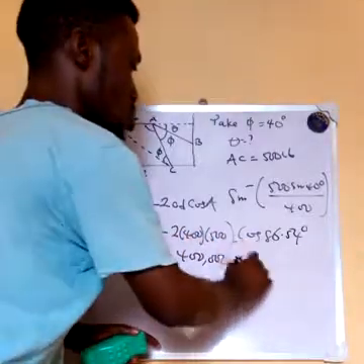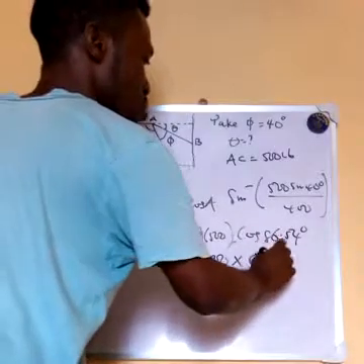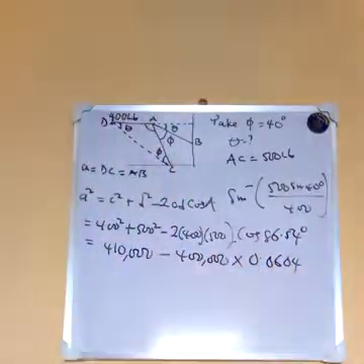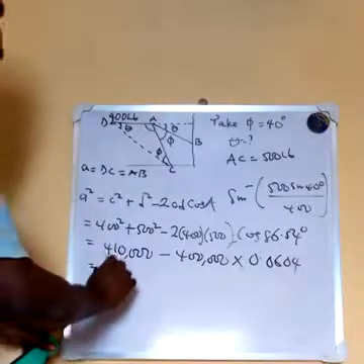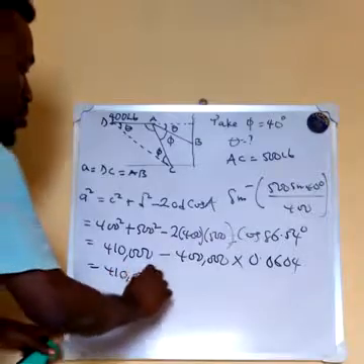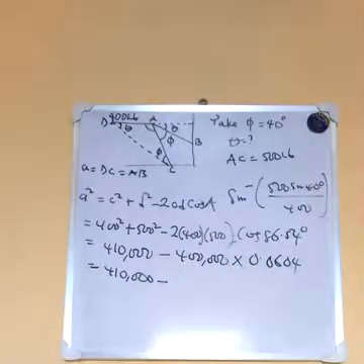Then get your cos. Cos 86.54 is 0.0604. That is it. Use calculator for all this. Then you come down from there. So you have 410,000 minus this times this. So you multiply 400,000 times 0.0604.